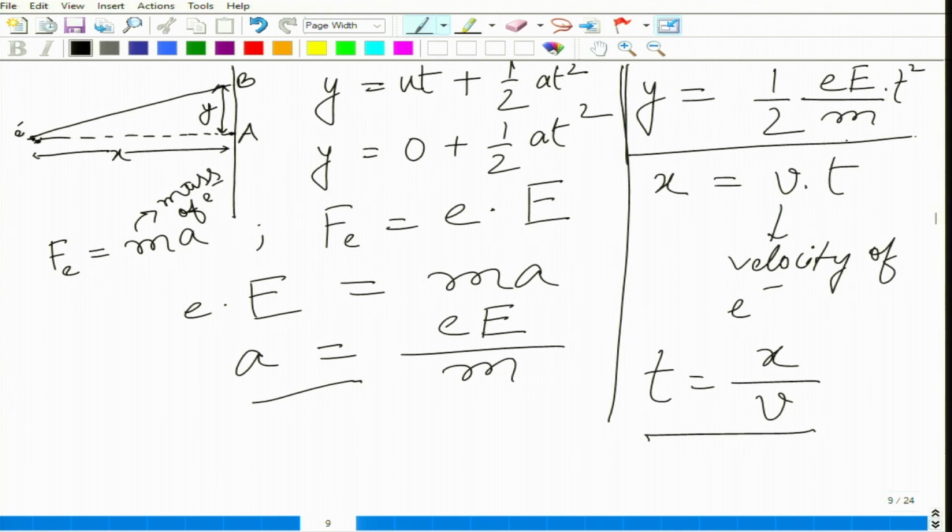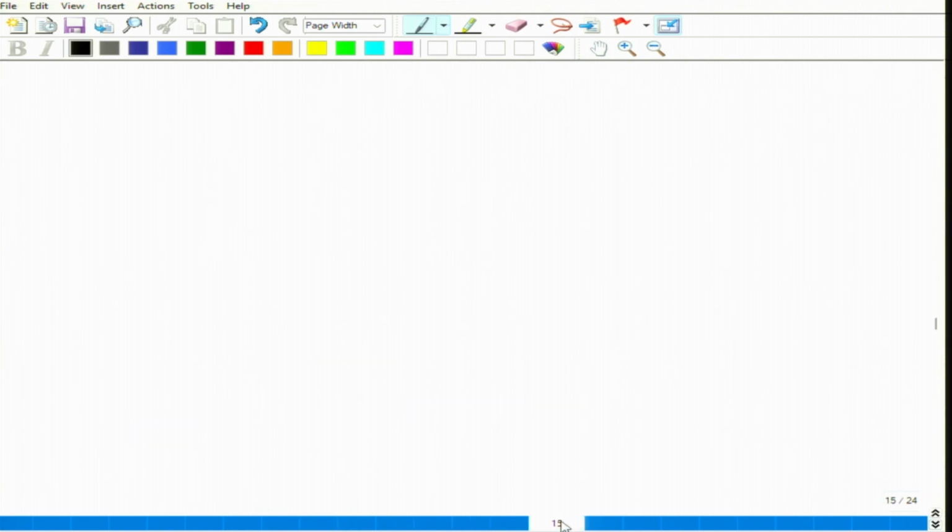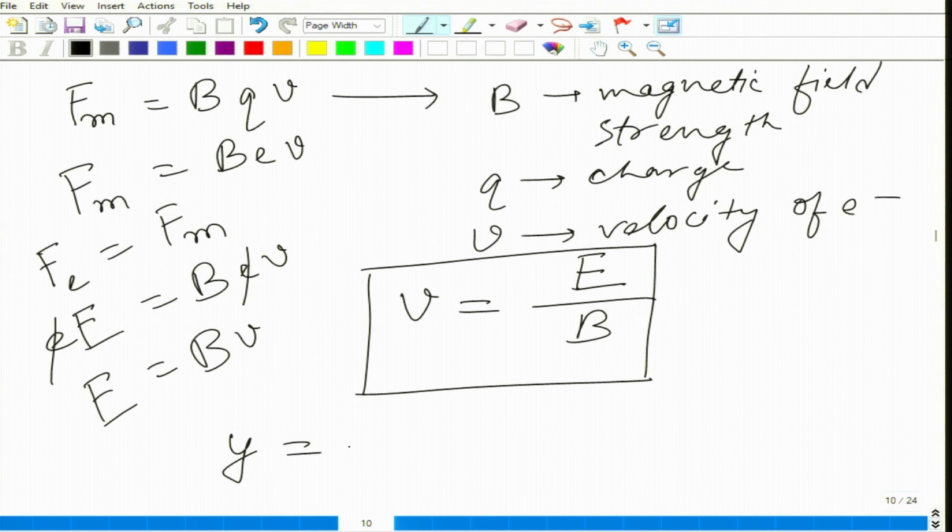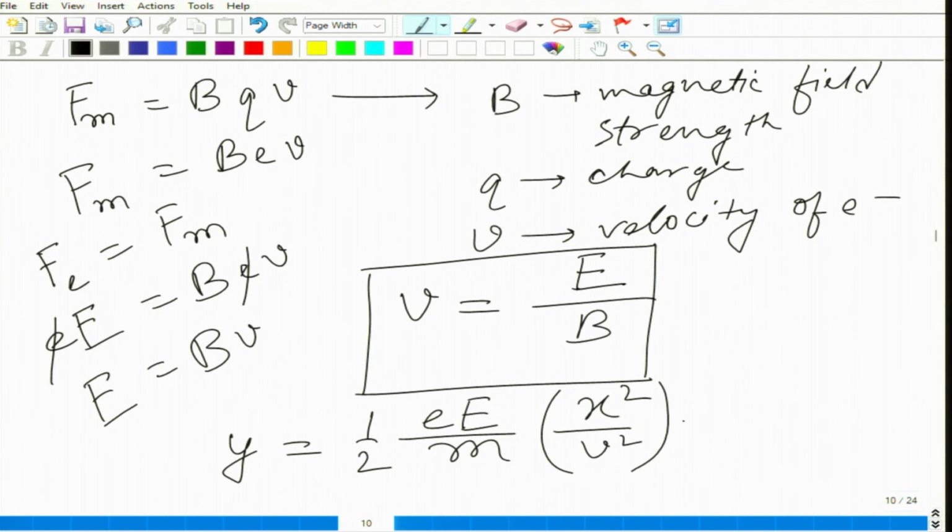So in this formula we put the value of V. So what we get after putting the value of V here, one e is cancelled.